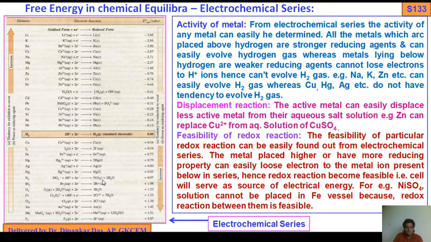So I will come to this chart. First, the application of electrochemical series: activity of metals. From the electrochemical series, the activity of any metal can easily be determined.